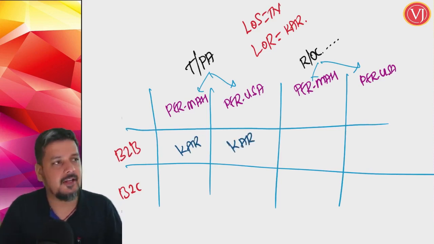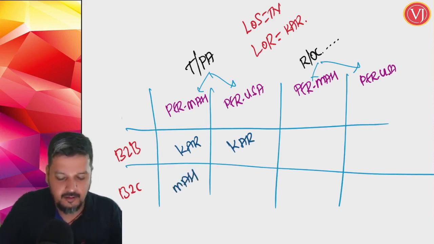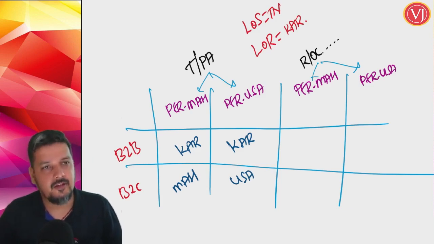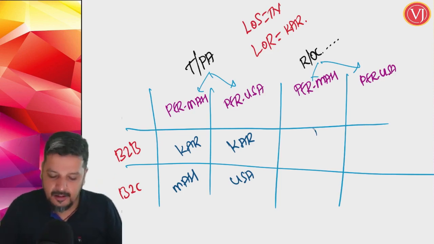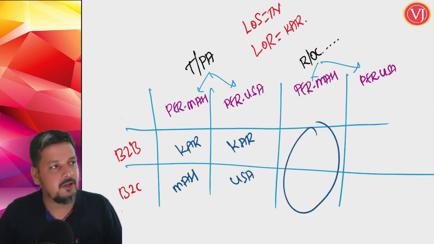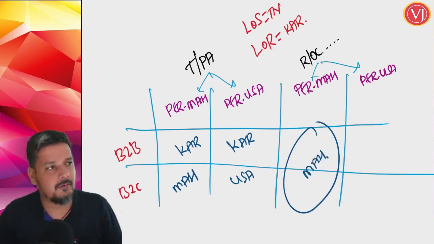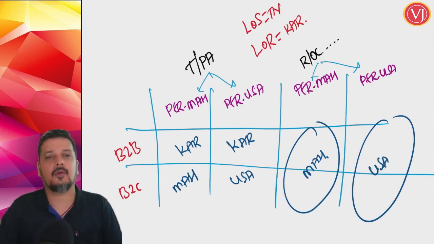If it is B2C, where the performance happens, Maharashtra, USA. But if it is restaurant, outdoor catering, personal grooming, fitness, etc., then B2B or B2C is not relevant. Whether it is B2B or B2C, location of performance: Maharashtra, USA.